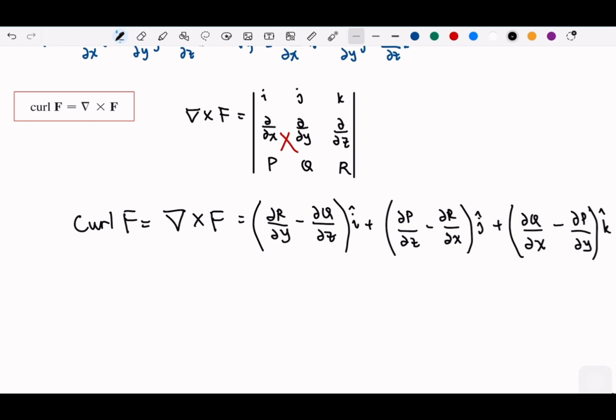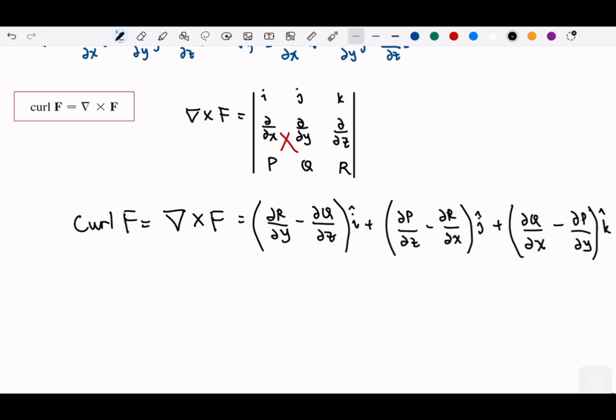Now, what is actually the curl? The curl is basically, supposed to be rotations.